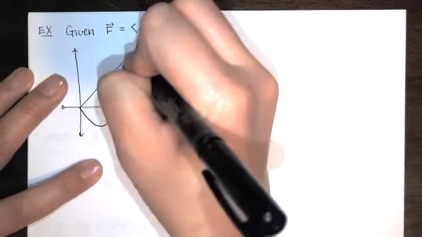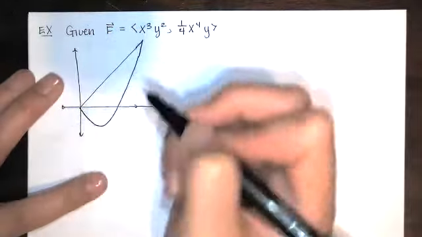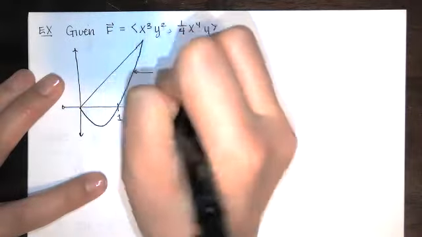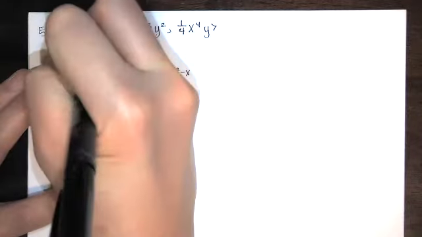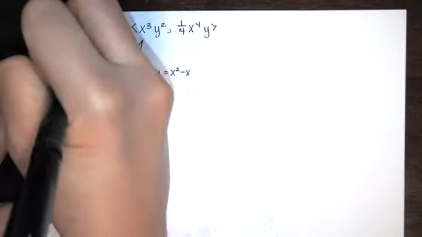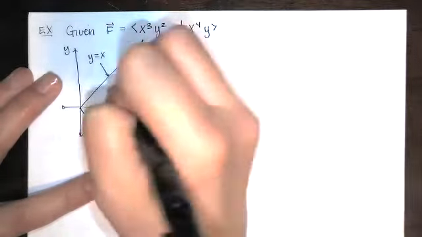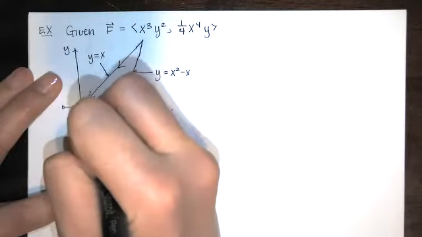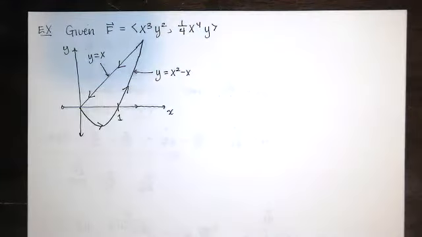So it kind of looks like this. So this is our curve C. And the region inside is called R.